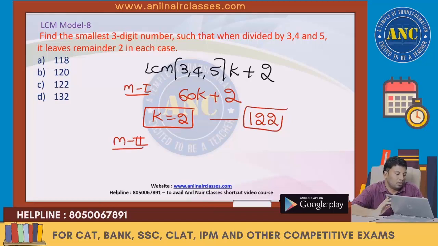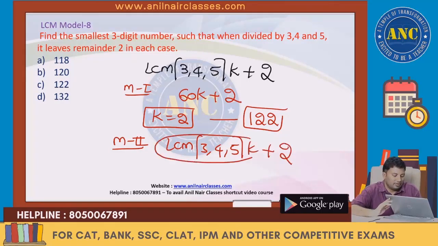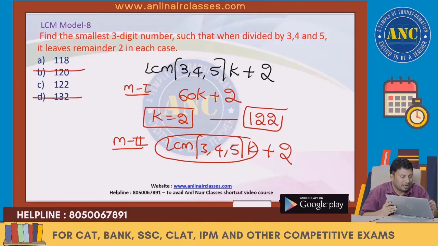Method number 2. LCM of 3, 4, 5 into k plus 2. This is divisible by 4. When you divide the answer by 4, it should give a remainder 2. It is perfectly divisible.